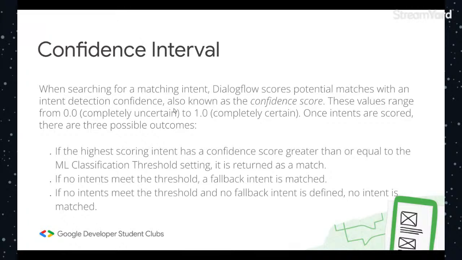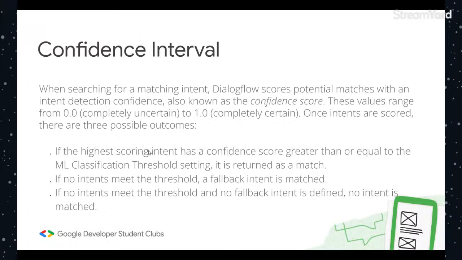When the intent matching system is perfectly certain that what the user has said matches this intent, it would give a probability score of 1. If it is not sure, it will give a score of 0.